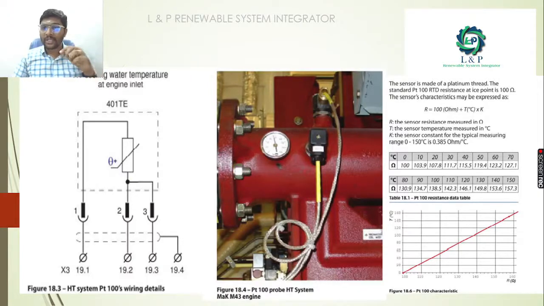As we told earlier, if your resistance is 100, then it is 0 degrees Celsius. If your resistance is 103.9, then your temperature is 10 degrees Celsius. Like this, as the resistance increases, the temperature also increases. It means it is establishing a good linear characteristic.